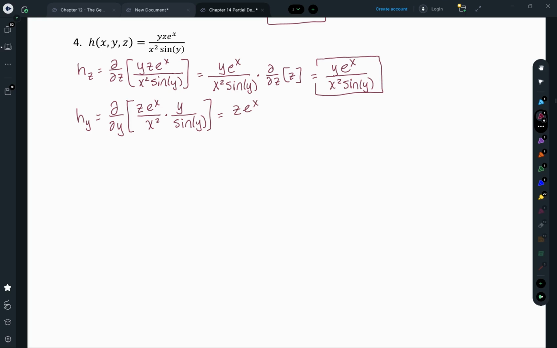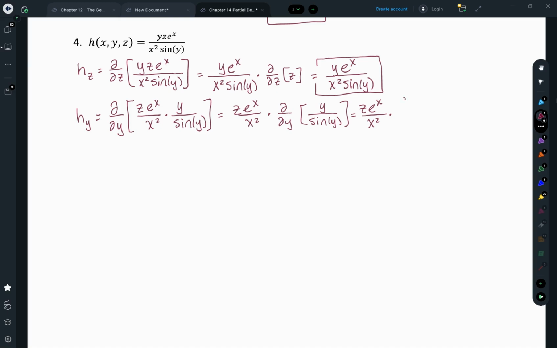And we'll focus on taking del y of y over sine of y. Now what we have to remember here is the quotient rule for derivatives. And the quotient rule says we take the derivative of the first times the bottom. All right, so I'm going to go ahead and write this out. I have the z e to the x over x squared times, now I have my fraction.